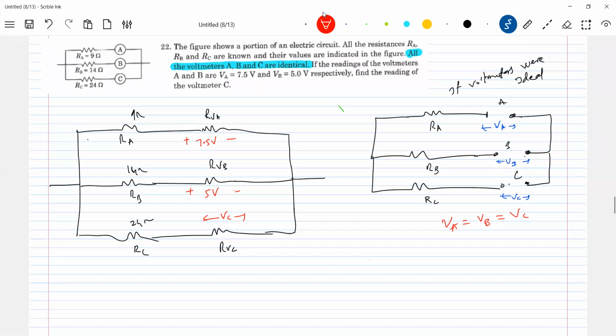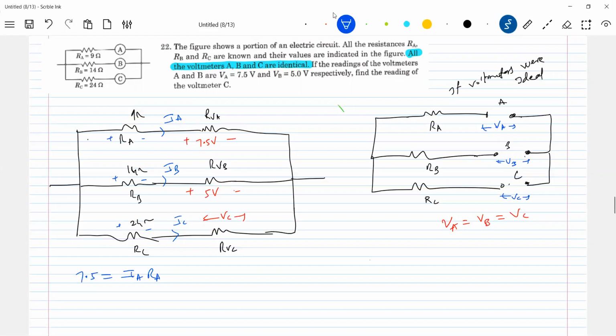Let's assume there is some current flowing through these, IA, IB, IC, with these polarities. The same current passes through this one. So let me go with the mathematics. By Ohm's law across voltmeter A, 7.5 should be equal to IA into RV.